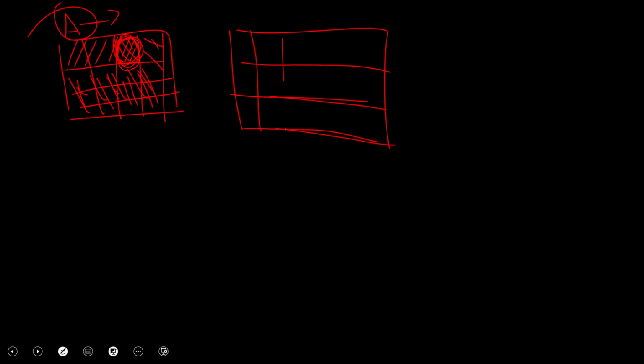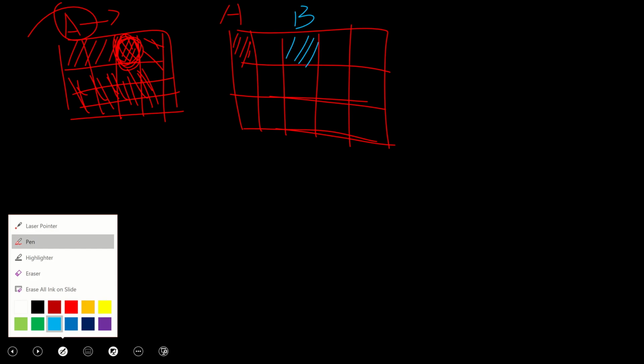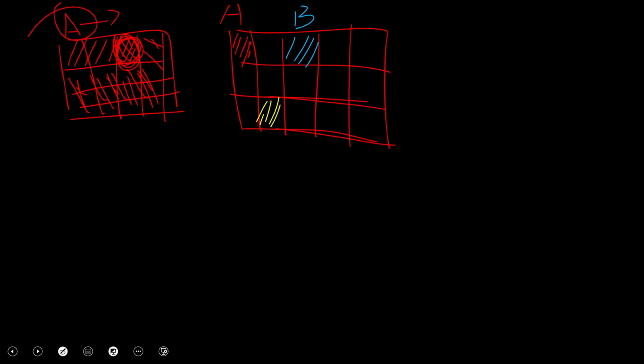But compared with the array list, this is very different. If we compare, this is memory space. For example, this one is A, and this part is B, and this part is C. What we can do is, if we want to combine them together for the array, you have to declare a new one, right?